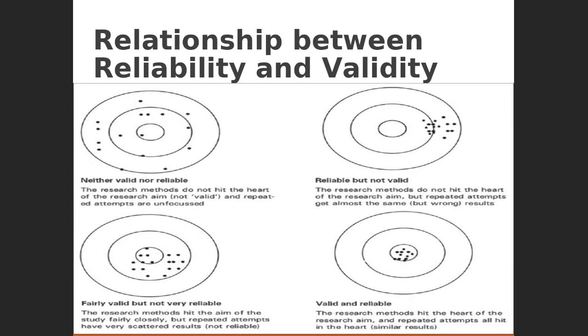It is possible that your research instrument is neither valid nor reliable. It is also possible that your research instrument is reliable, but it is not valid. We don't want the situation where your research instrument is neither valid nor reliable because it seriously compromises the quality of your research.